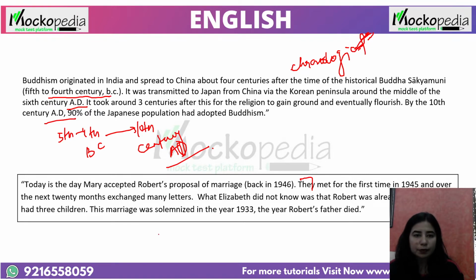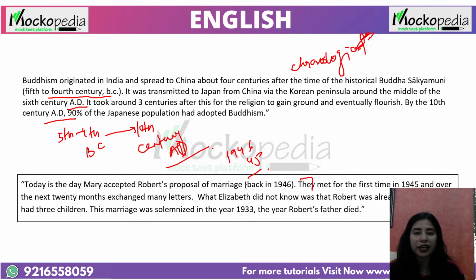Now, if we take a look at this particular example, today is the day Mary accepted Robert's proposal of marriage. This is back in 1946. They met for the first time in 1945. So first we are talking about 1946, then we are talking about 1945, then we talk about what Elizabeth did not know, that Robert was already married and had three children.